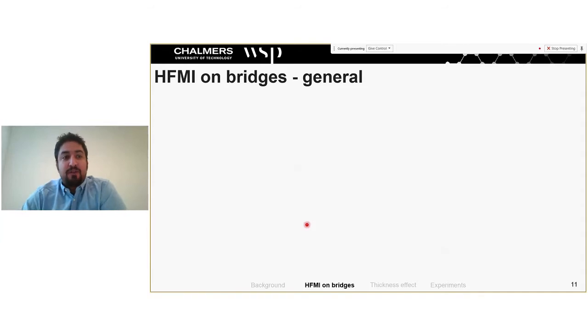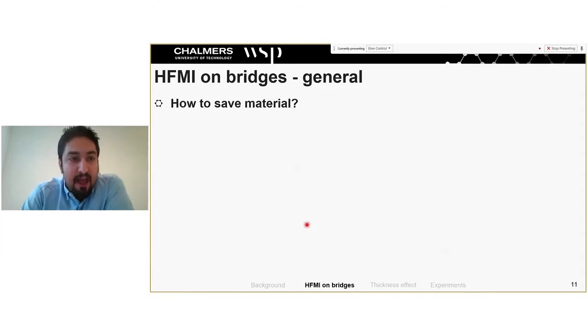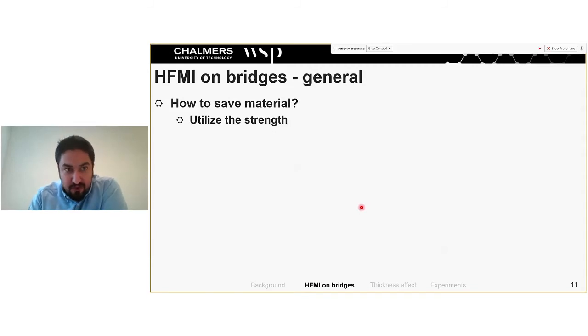So just as a beginning, I want to ask how do we save material? I try to illustrate this in a way. So one thing is, of course, that we want to utilize the strength as much as possible. It can sound a little bit abstract, but I will make an illustration. And we want to use high-strength steel.